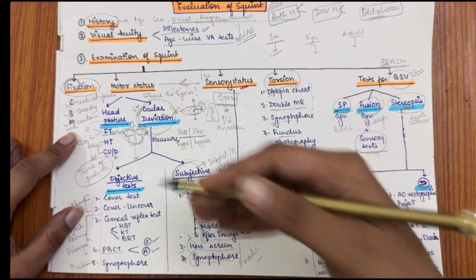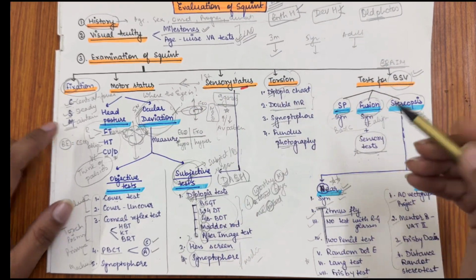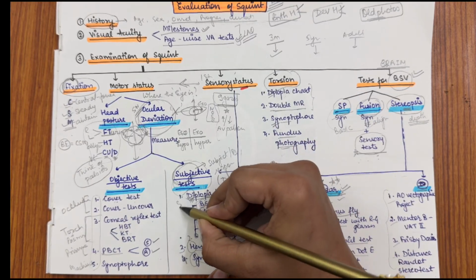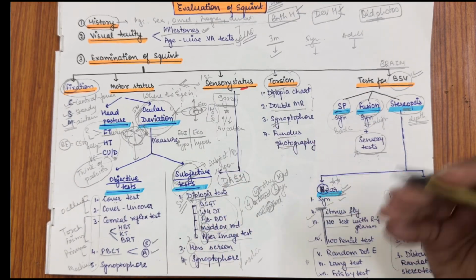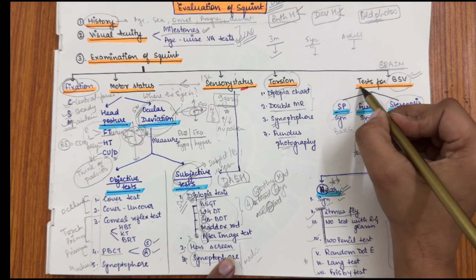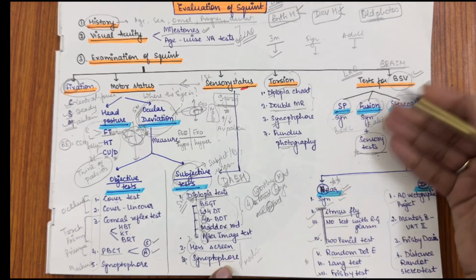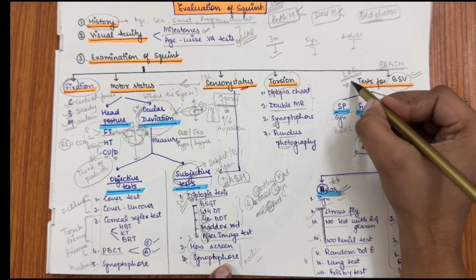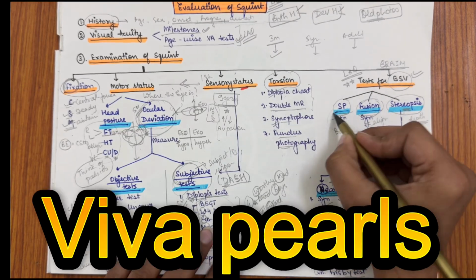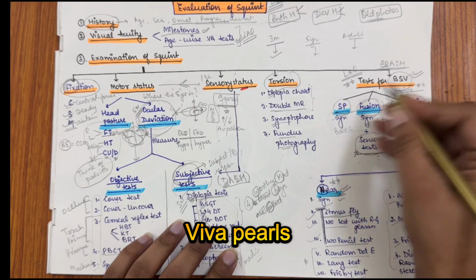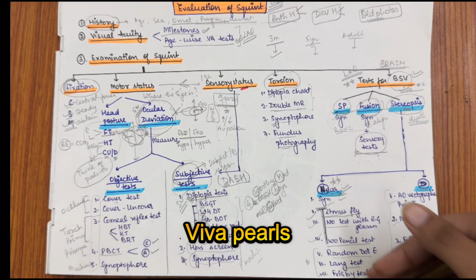This can come as a short note. Others are, what are the subjective tests, diplopia test especially, which can come as a short note. And tests for binocular single vision come as a separate long answer question. This is very important, and one of the most important viva questions also: what are the 3 grades and how do you measure them.